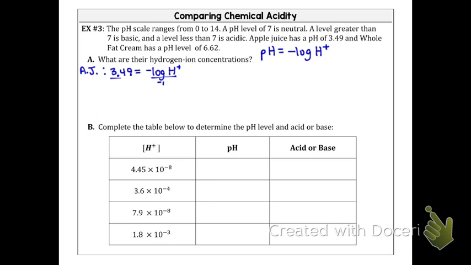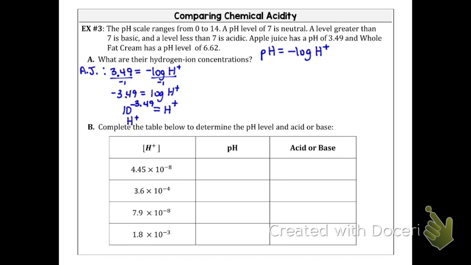I'm going to divide by negative 1. So negative 3.49 equals log of the hydrogen ion concentration. And then we're stuck, we have a single log equals a number, so we're going to change it to exponential. So the base of the log is 10 to the y, which is negative 3.49, equals that hydrogen ion concentration.